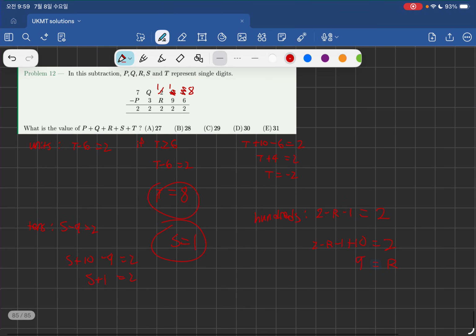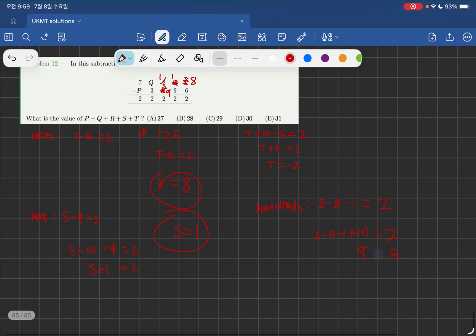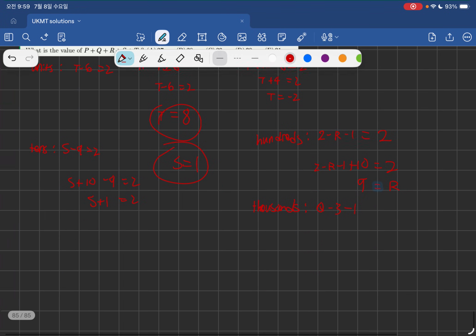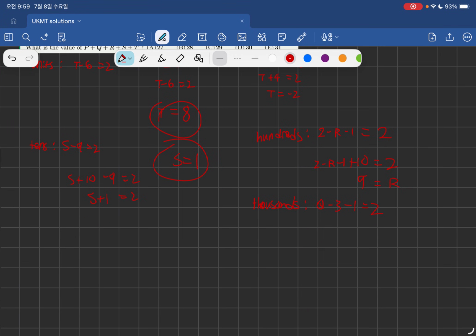And the thousands column. We have Q minus 3, and we lent 1, and that should equal 2.